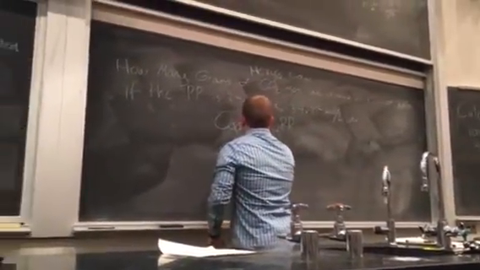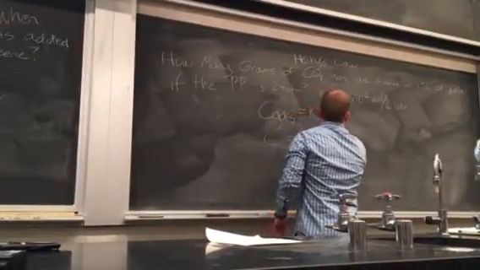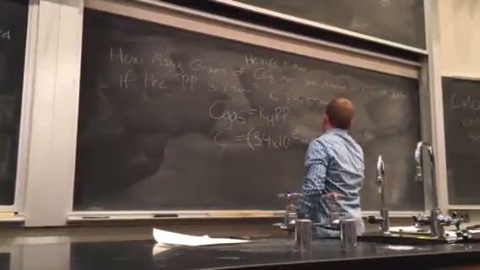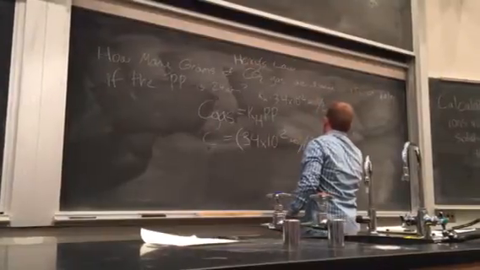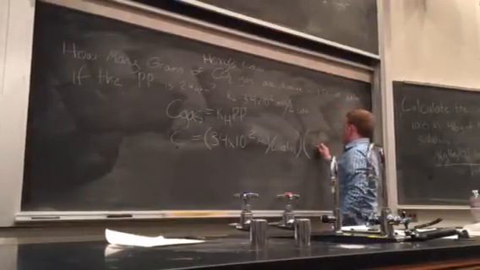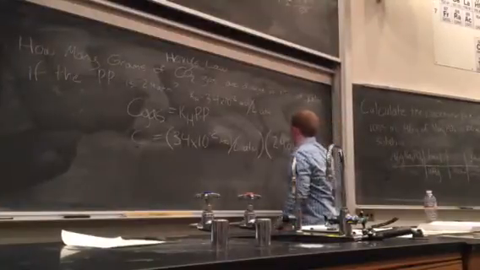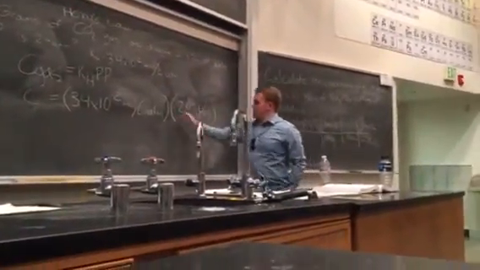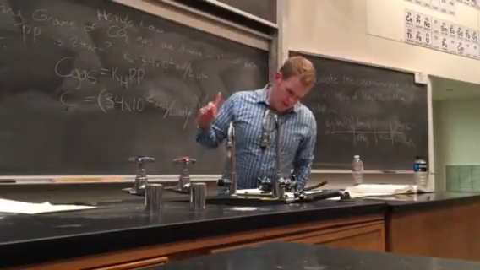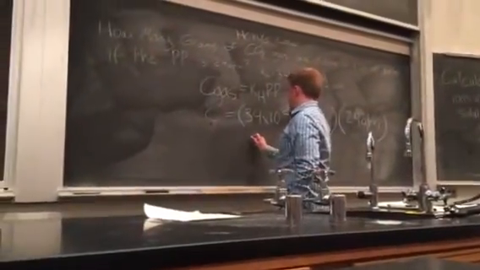Right here I'm going to get the concentration, which equals 3.4 times 10 to the negative 2 moles per liter times atmospheres, multiplied by 2.4 atmospheres. Then these units cancel out, and the answer is 0.0816 molar.